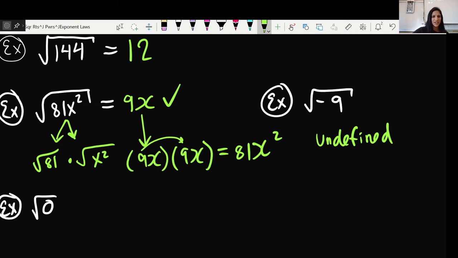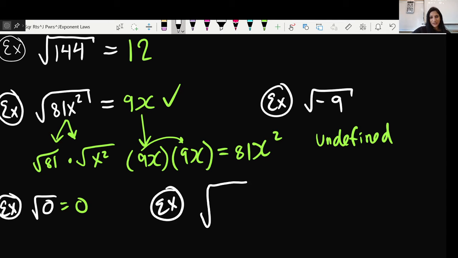What's the square root of 0? Because sometimes 0 has its own set of rules. Well, 0 times 0, you just have nothing to work with. So this would still just be equal to 0, right? Good? I just thought it would be helpful if we go through some weird ones together.